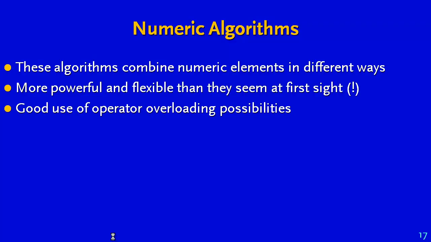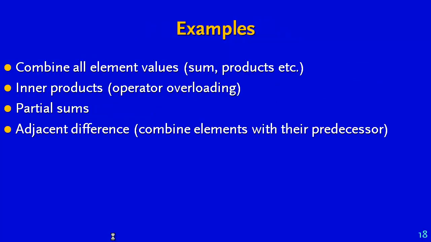The numeric algorithms are meant for containers whose underlying data type is numeric, and they are very flexible, more flexible than they seem at first sight, because of the use of function objects and operator overloading. So here are the examples and the algorithms in the numeric algorithms.